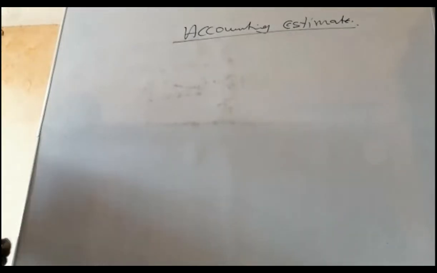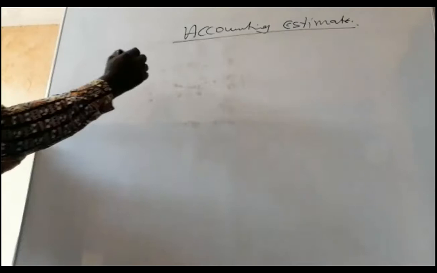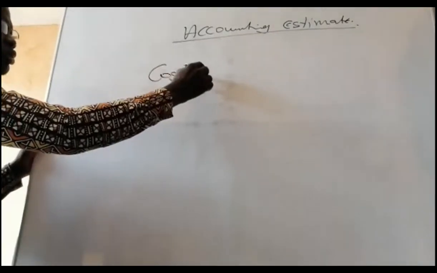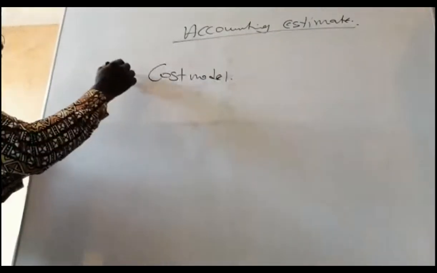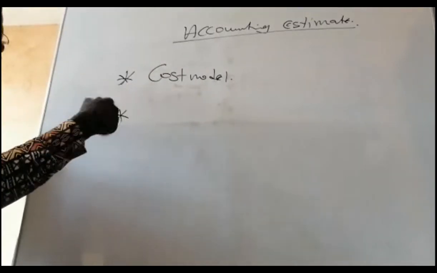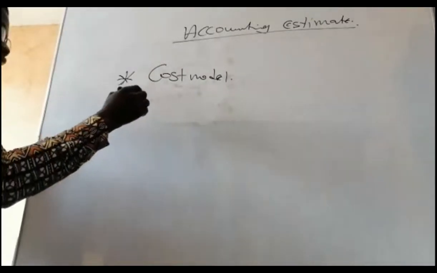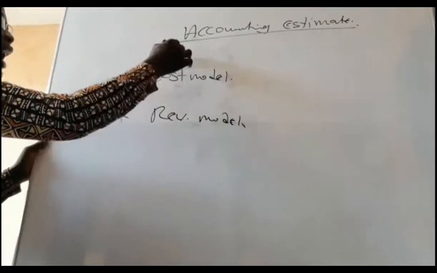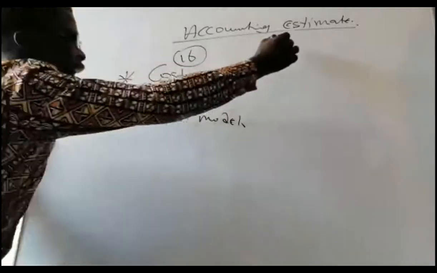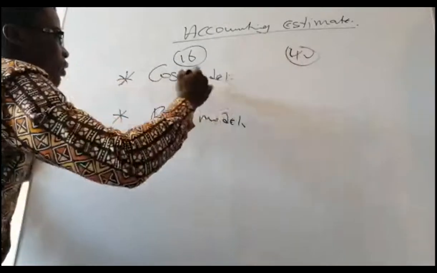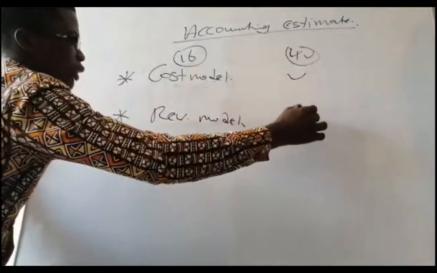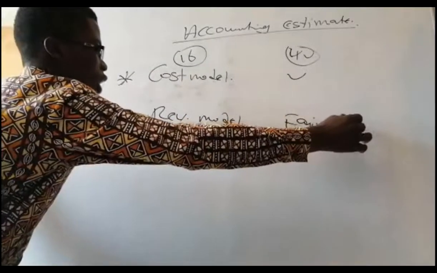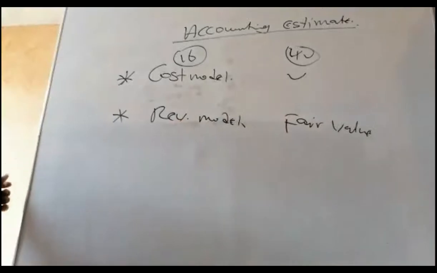At a point in time, we have the 2 models and we have to select one: the cost model, or you choose a different policy, the revaluation model. That's IAS 16. And under IAS 40, we still have the cost model and the fair value model. So all these ones are policy.